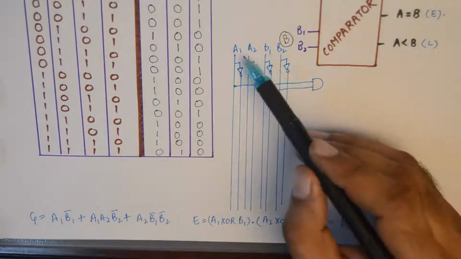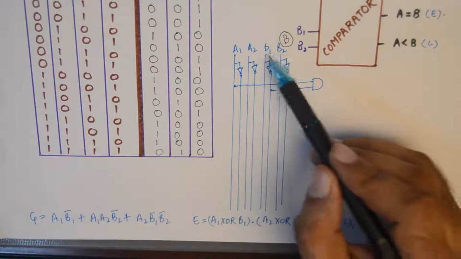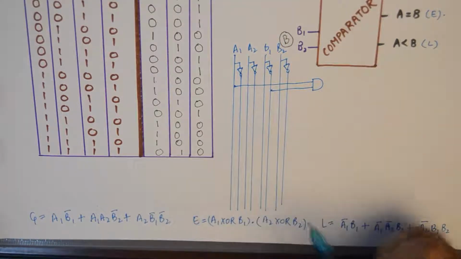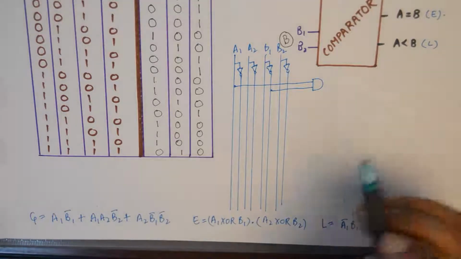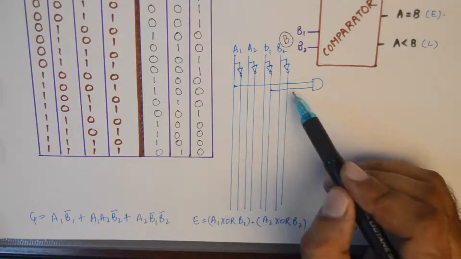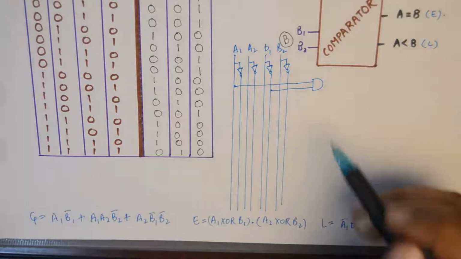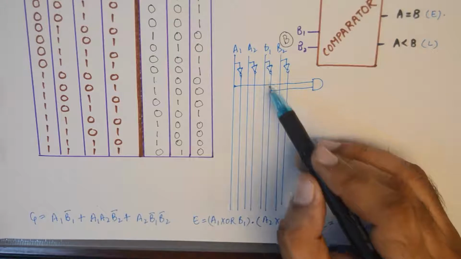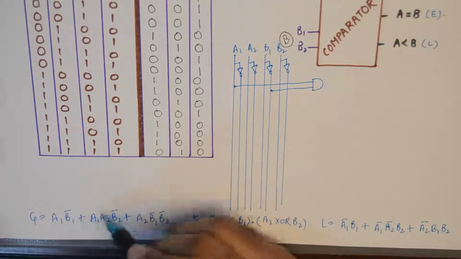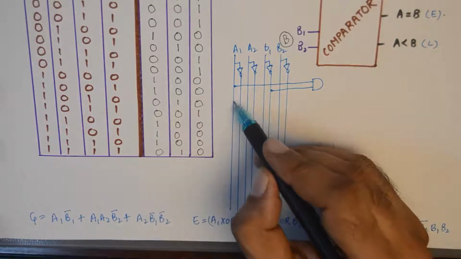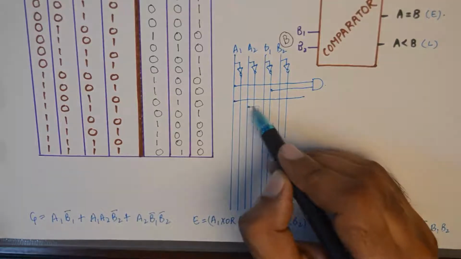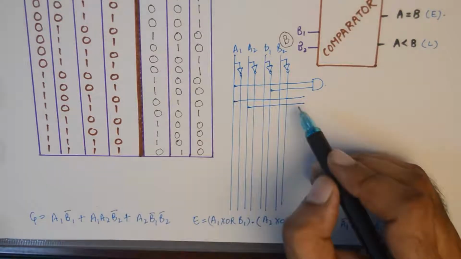For the circuit diagram, I've taken all the inputs A1, A2, B1, B2 and their complements using the NOT gates. The first product term is A1 B1 bar. So I've taken A1 and B1 bar from here. So the second product term is A1, A2 and B2 bar.